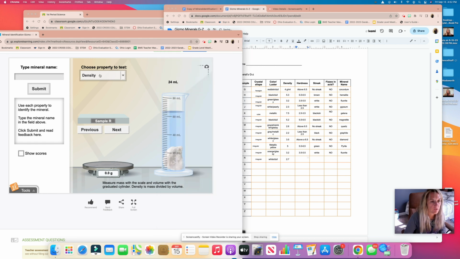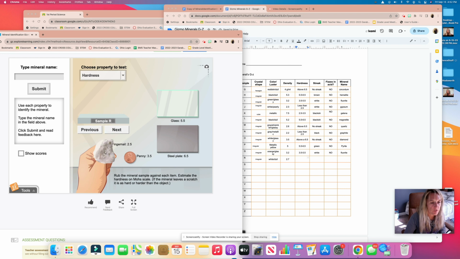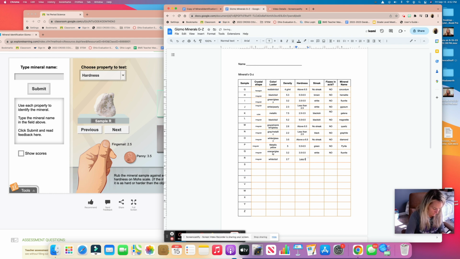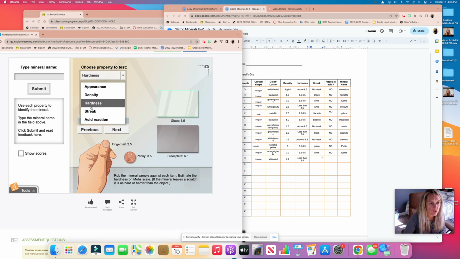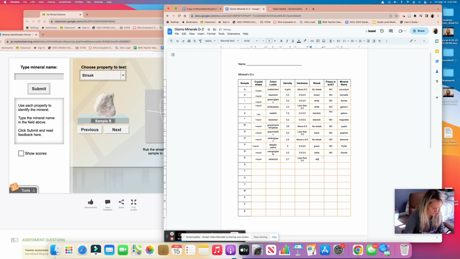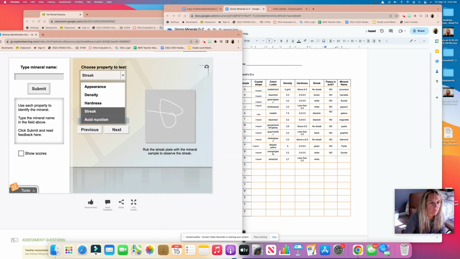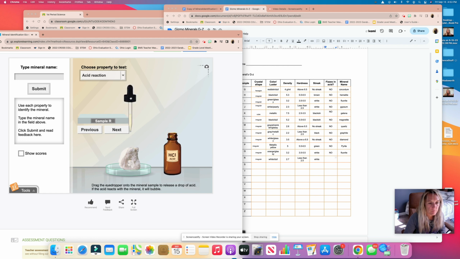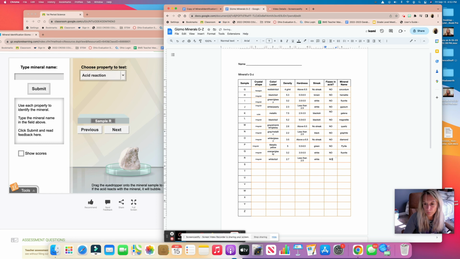Let's go to the hardness. It does not even scratch a fingernail, so it has to be less than 2.5. Let's try the streak. Streak's white. Let's see if it fizzes with acid. Okay, it does not, so we would say nope.